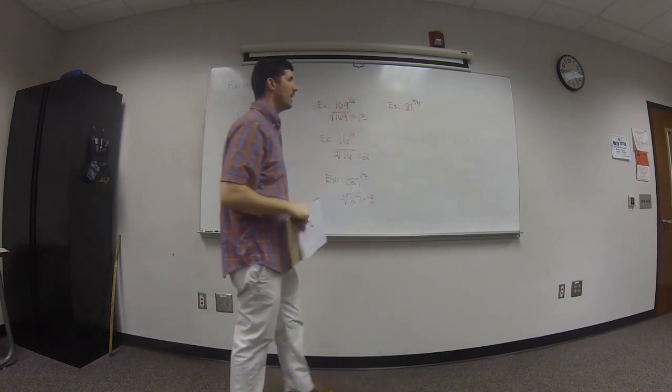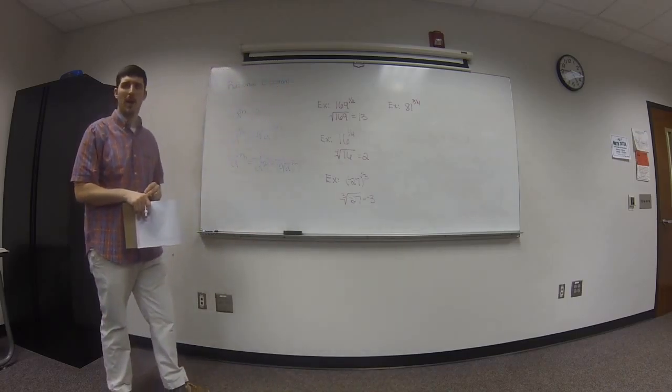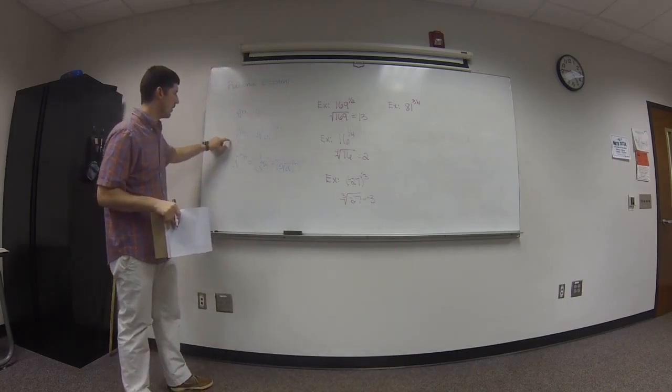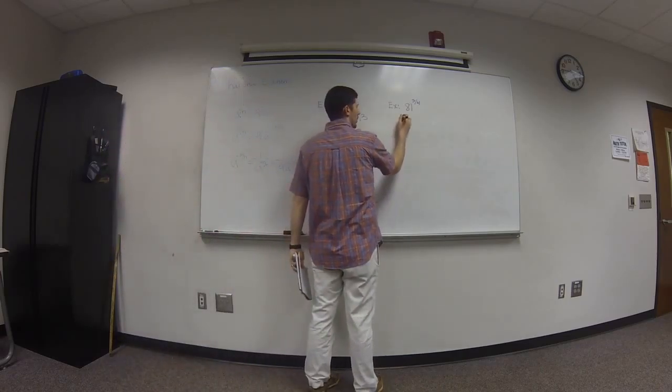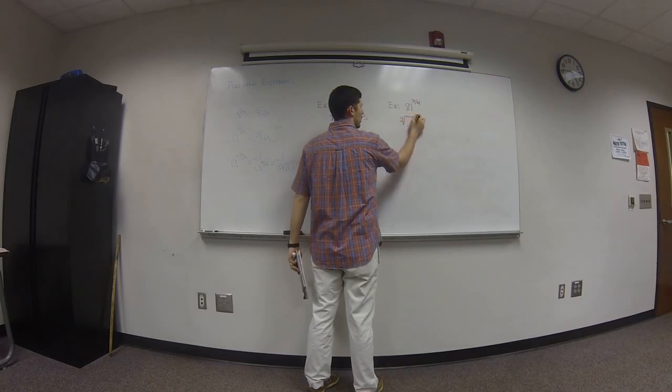Now we have 81 raised to the 3/4 power. So now we're following our second rule here. What it says to do is we want the fourth root of 81, and then we want to cube that.